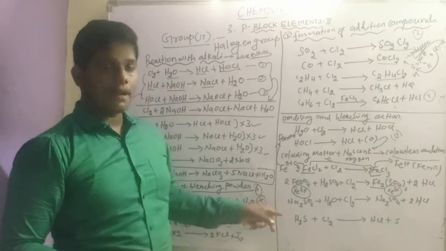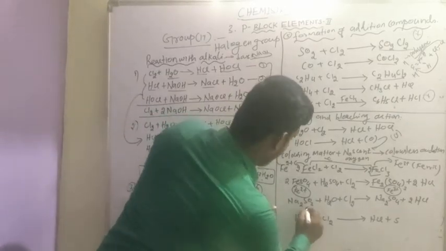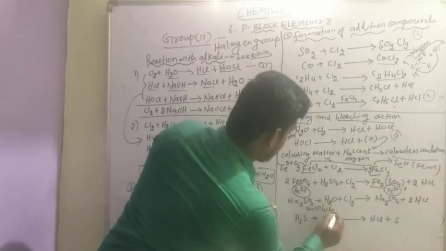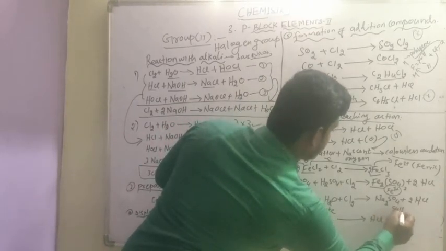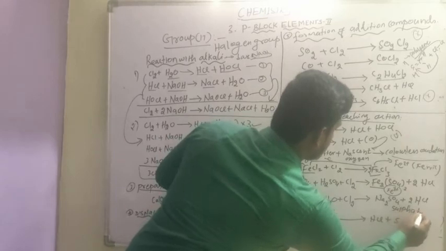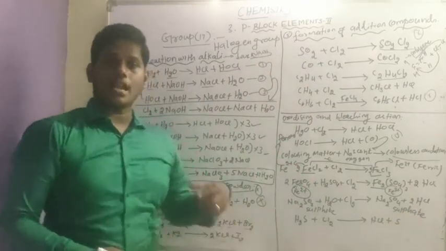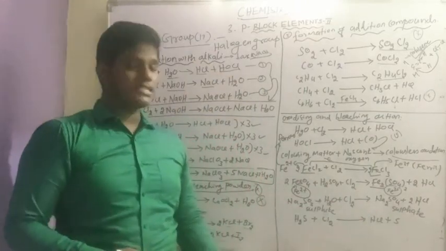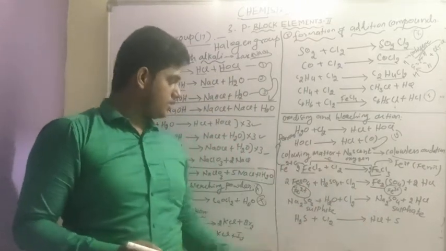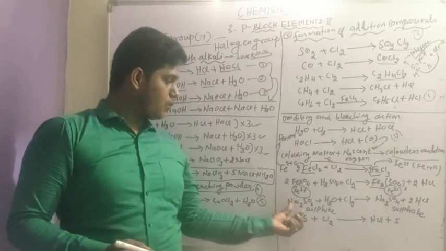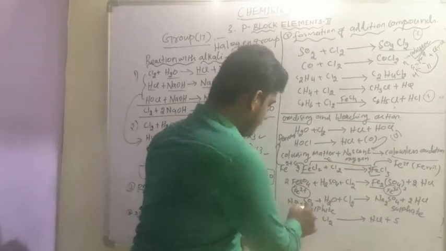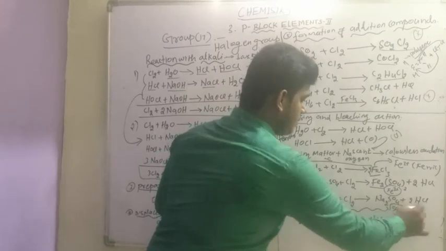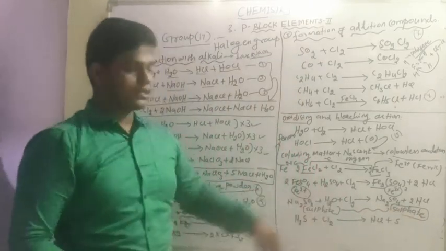Another is sulfide to sulfate. Sodium sulfide, Na2S, is converted to sodium sulfate by using the chlorine.